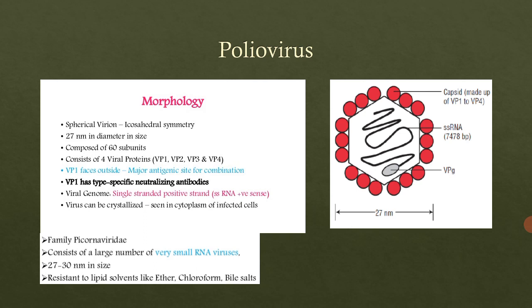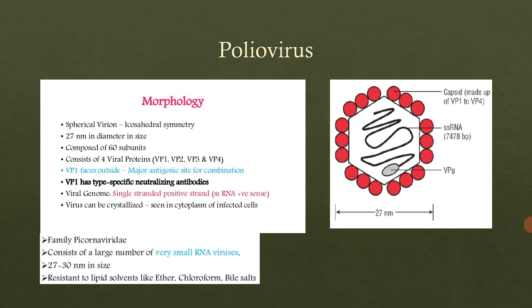Now these proteins are facing outwards, as you can see in the picture, not inwards. These are present outside the structure of the virus, and therefore it is the major antigenic site for infection or for transferring the genome into the host.